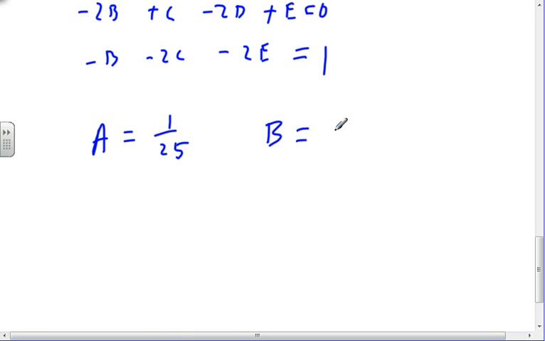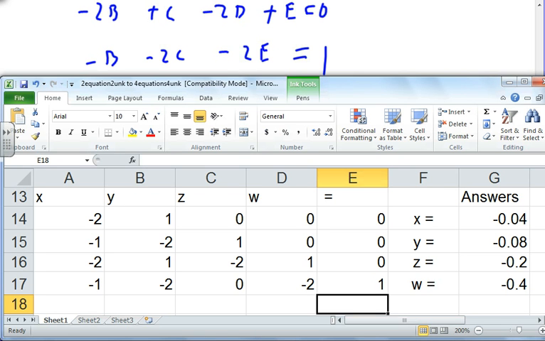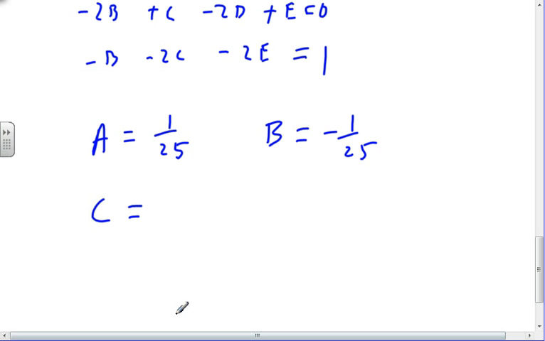B is minus 1 over 25. C is minus 2 over 25.